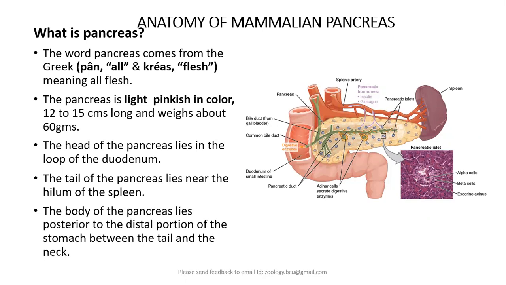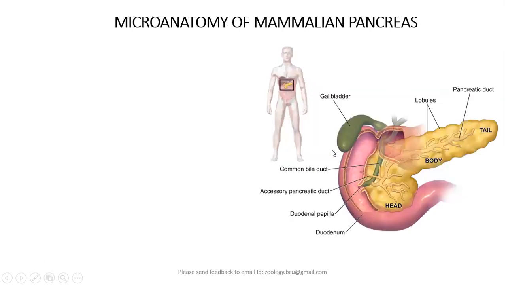And in between the head and tail, we have the body of the pancreas, which lies, as you see here, posterior to the distal portion of the stomach, between the tail and, of course, the head and also the neck of the pancreas.